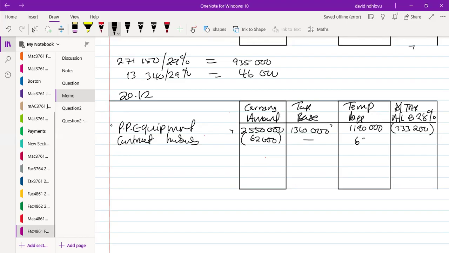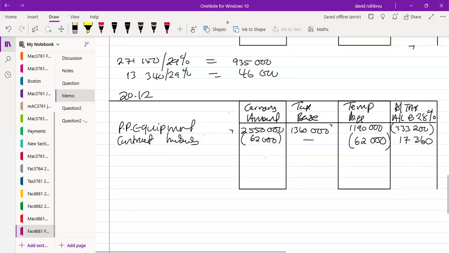In principle, just say SARS does not recognize prepayments, SARS does not recognize accruals, SARS does not recognize provisions. Those will always have a zero balance. So mathematically, we have a negative 62,000 there. 62 by 0.28, we are going to have 17,360. Right, we are done.